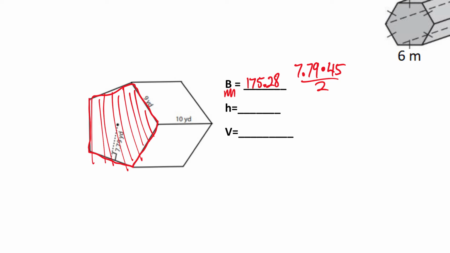Okay, what's the height? 10. And so we're going to take area of the base times the height, which should be 1,752.75 cubic yards.